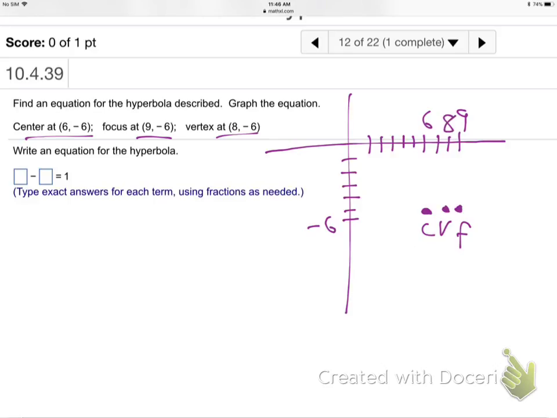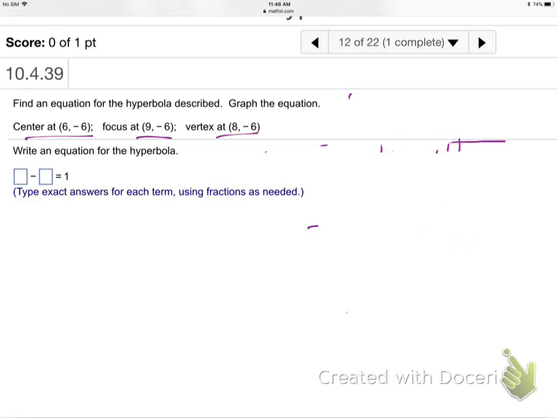Everybody see that? So the vertex, the center. I better space that out a little bit more, huh? I didn't know they were so tight. Let me space that out a little bit more and see if I can help that.